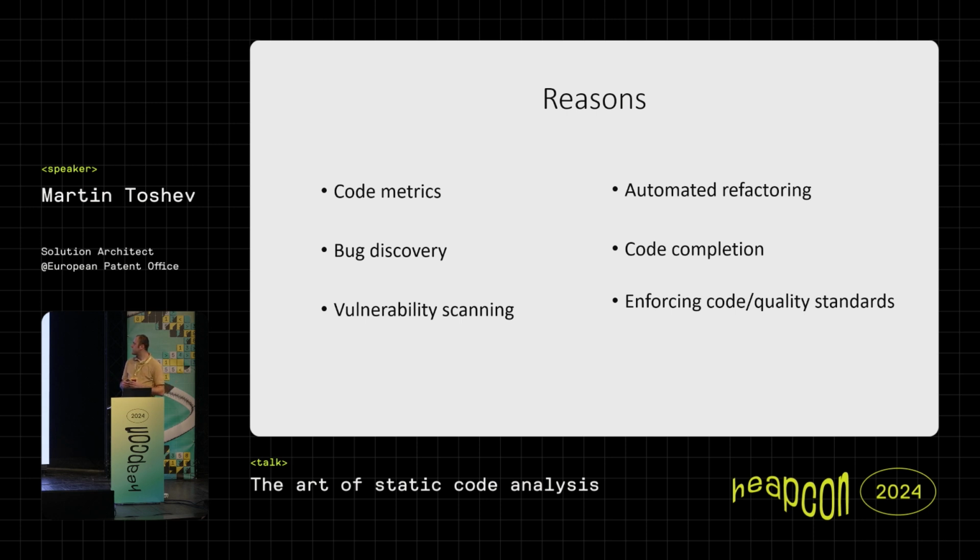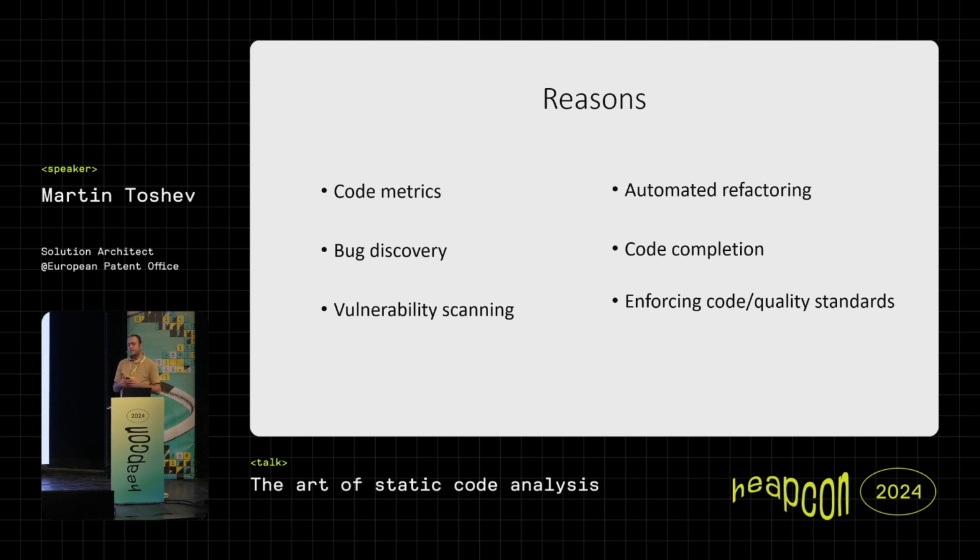You can also do things like automated refactoring, what many of the modern development IDEs do, like Eclipse, IntelliJ, other famous IDEs. You can do even more advanced things like code completion. So you might have certain code that's not really compiling, and you can use static analysis even to try to complete that source code.